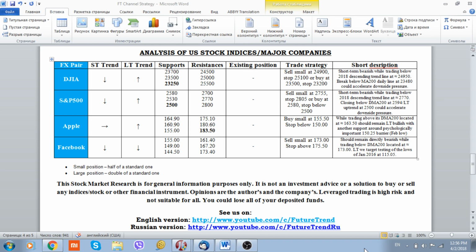And also we decided, starting from today, to provide you with an analysis of two, from our point of view, very good examples of the United States stock market: Apple and Facebook. As you know, these two companies have very good liquidity in stock markets all around the world.